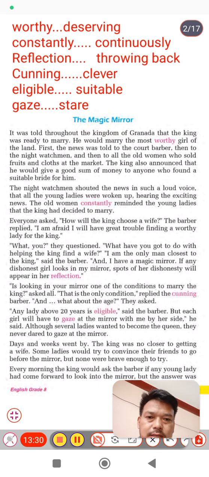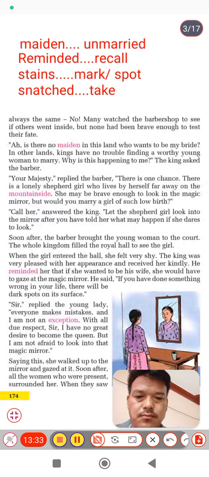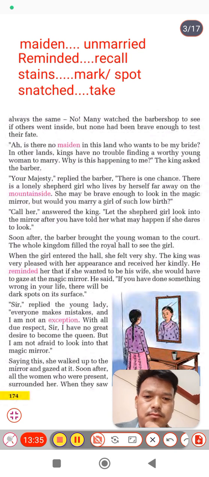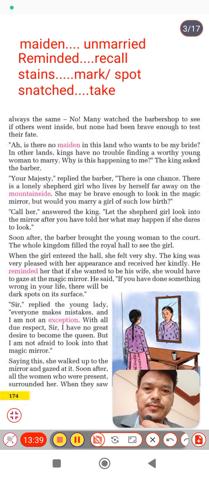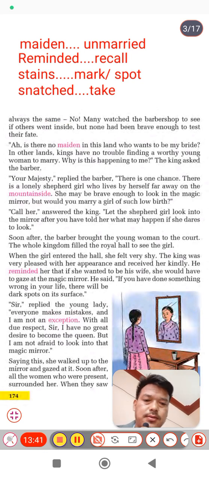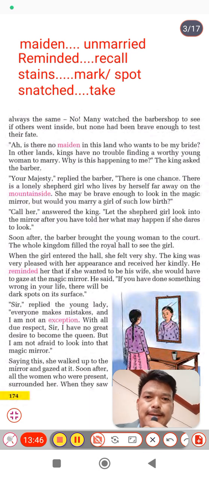Now move to the next page. From everywhere, there is no possibility of any bride.